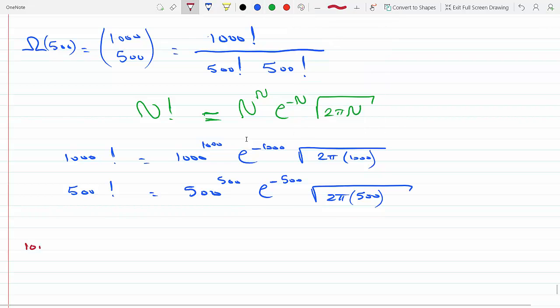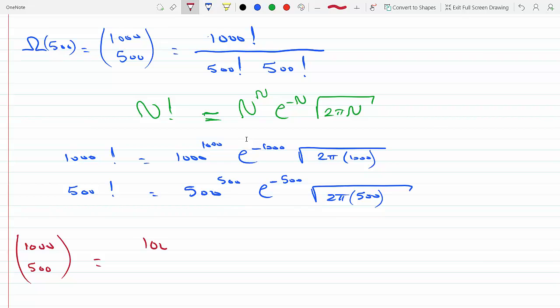So on the 1,000 choose 500, we will get 1,000 factorial, which I'm writing as simplified through Stirling's approximation.